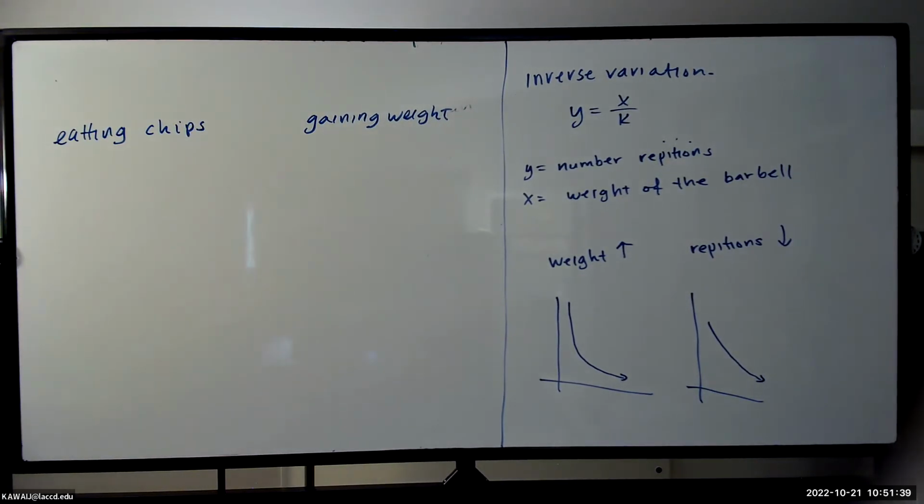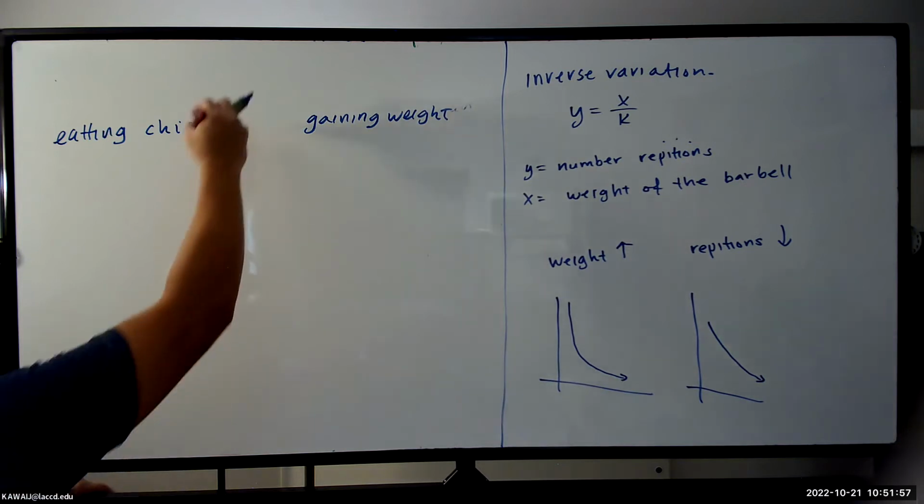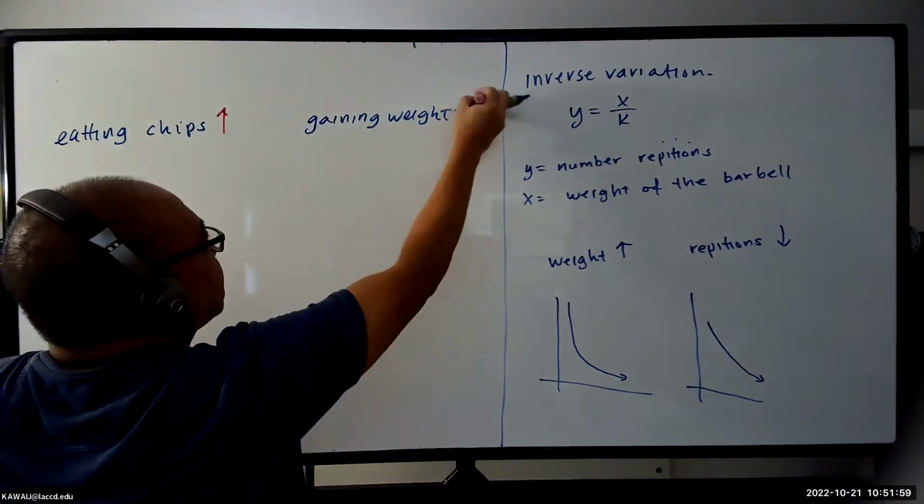Is that a direct variation or an inverse variation? When I do more of one thing, does the second thing happen more or happen less? Correct, it's direct. When this goes up, this goes up, so it's direct.